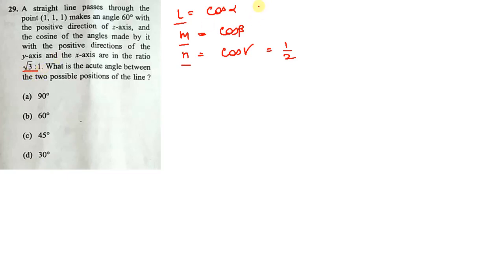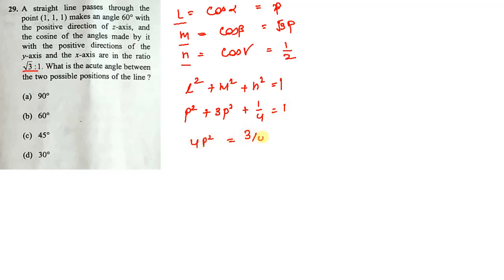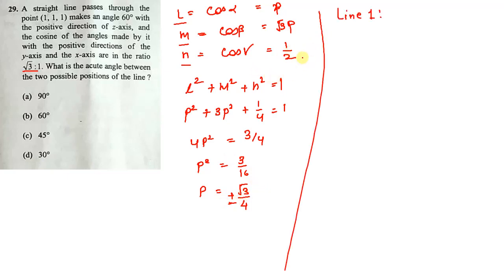so we can assume them accordingly. As we know, the relation between direction cosines is L square plus M square plus N square equals 1, so 3P square plus P square plus 1 by 4 equals 1, so 4P square equals 3 by 4 and P square equals 3 by 16, so P equals plus and minus root 3 by 4.